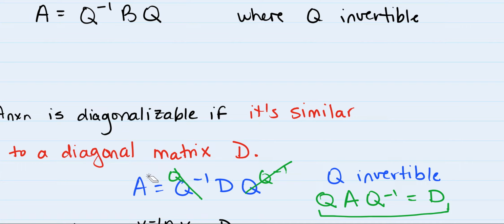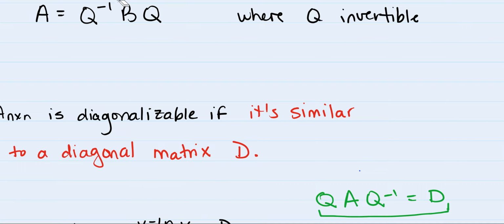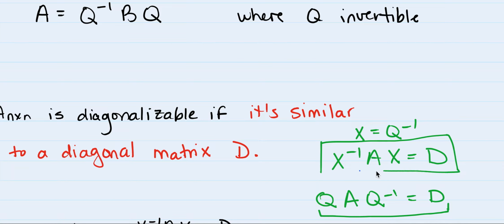And in the book, they actually like to use the matrix X. And you can see that if we call X equal to Q inverse, then we have X inverse here. So what I'm saying is, if X is equal to Q inverse, this is the same thing as X inverse A X is equal to D. So this is how they present it in your textbook.